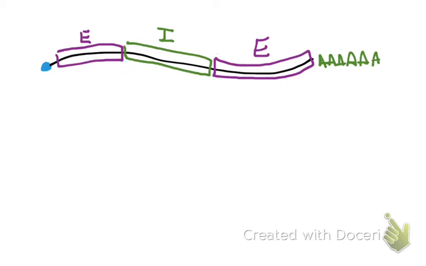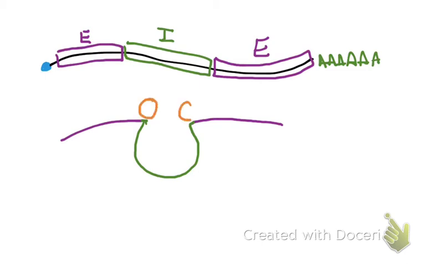So then let's go ahead and take a look at what's happening in detail here. Essentially, what we're going to find is that these regions of exons, which I'm drawing here in purple, are going to be brought close together, and the intron is basically going to kind of be folded outward, like so. Spliceosomes are going to bind to these regions, or these junctions between the exon and the intron.